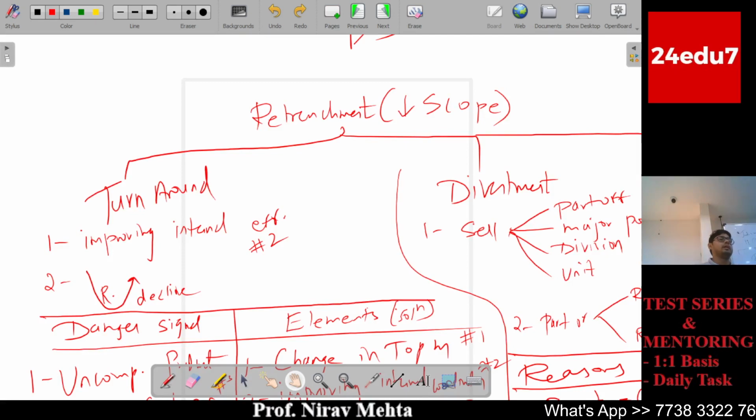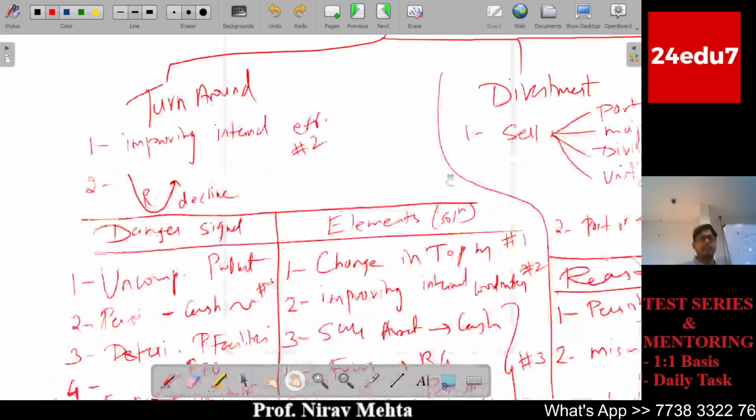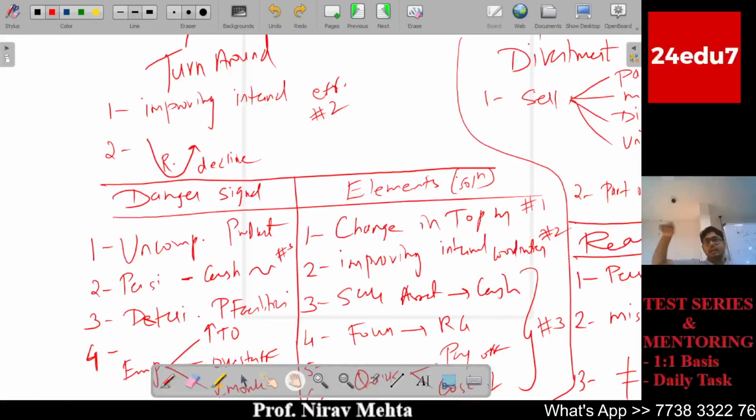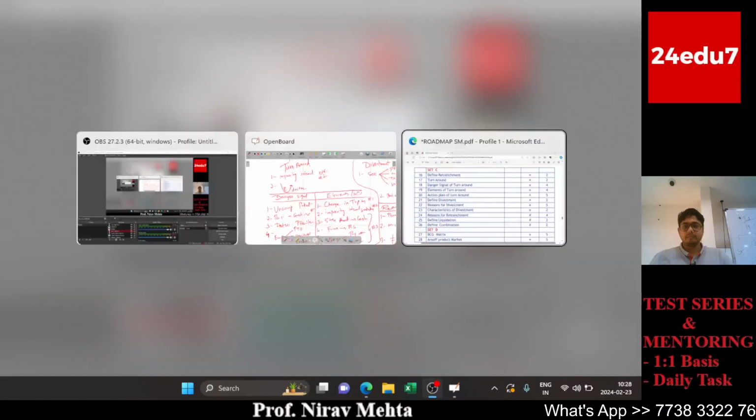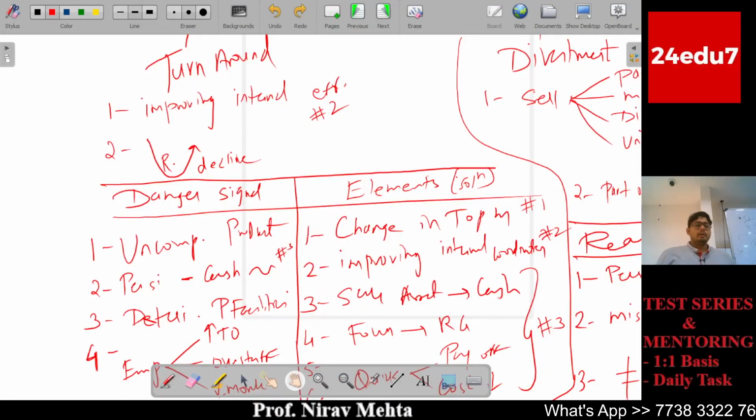Now repeat after me. Retrenchment, turnaround, divestment, liquidation. Turnaround: improving internal efficiencies. Do like this. Improving internal efficiencies. Reverse the process of decline.